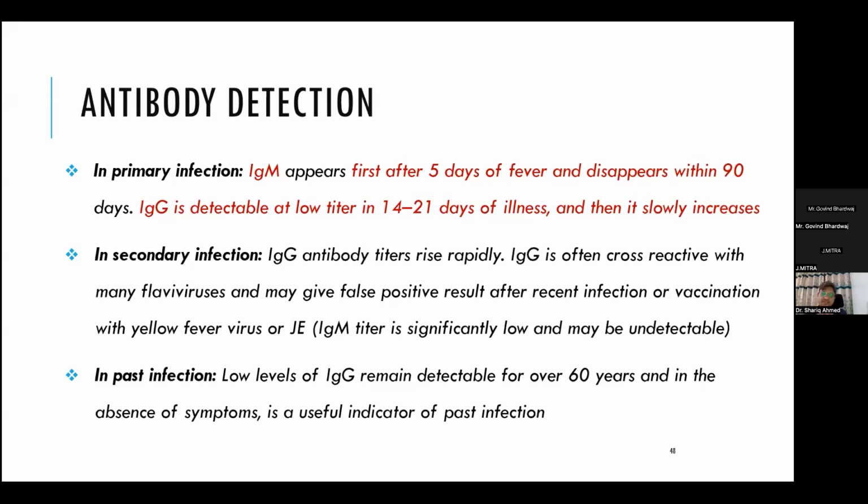So in primary infection, after the 5 days, we can get an IgM, and IgG after 2 or 3 weeks. But in secondary infection, IgG antibodies rise rapidly, and are also cross-reactive with many flaviviruses. So in secondary infection, diagnosis is very difficult.